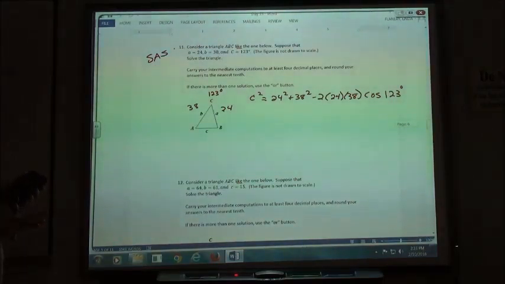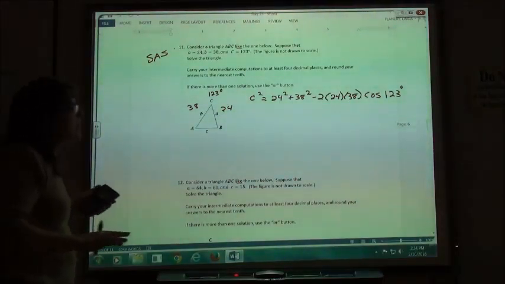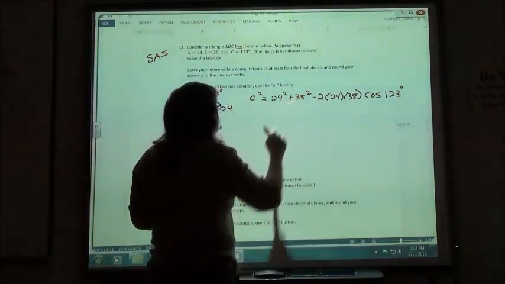Now I could probably do that whole calculation at once, but I'm going to kind of put it together. So I'm going to do these two things first.